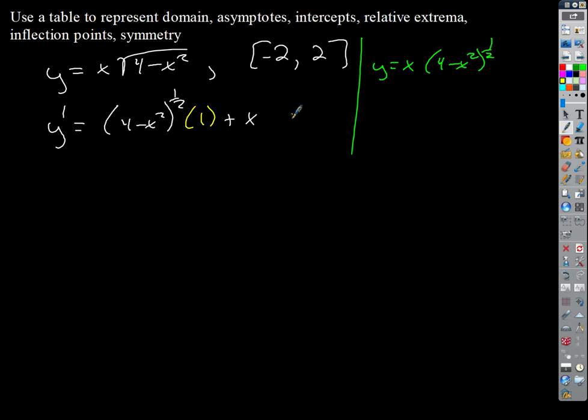So we get 1/2 times the stuff to the -1/2. That puts the stuff on the bottom if we want to write it as a fraction, right?